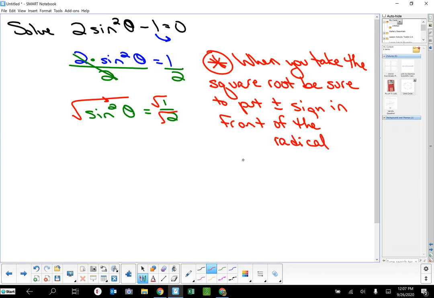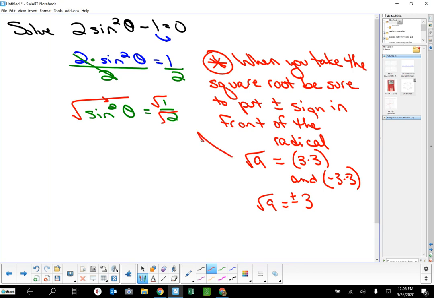Right? And the reason for that is just for simplicity's sake. This is both 3 times 3 and negative 3 times negative 3. So if you take the root of 9, technically this is both plus and minus 3. You don't know which one it is. So you need to make sure you're putting both of those there.